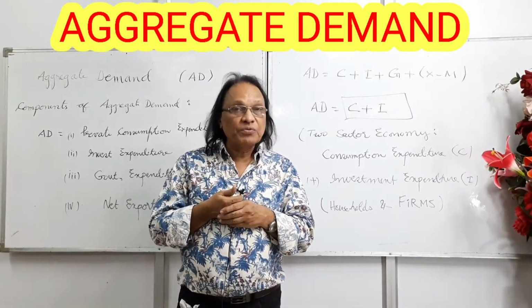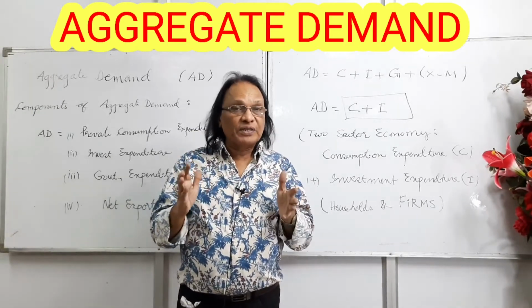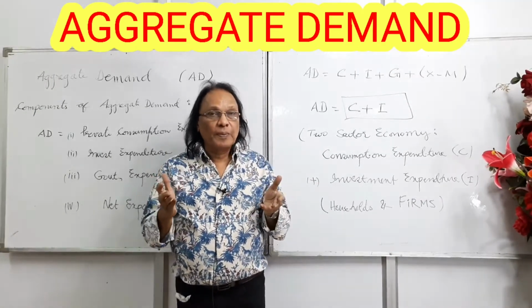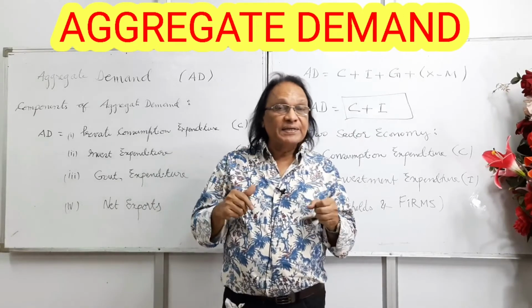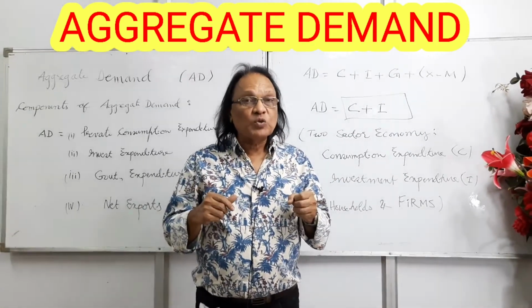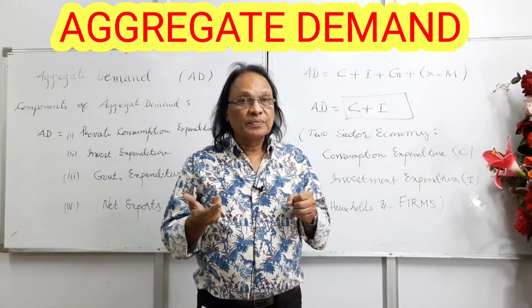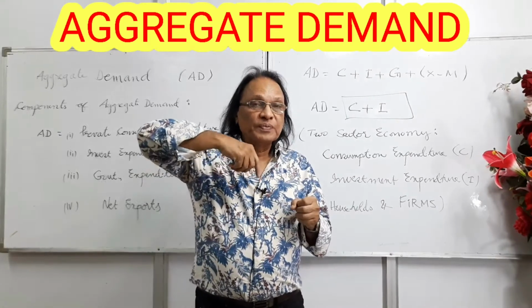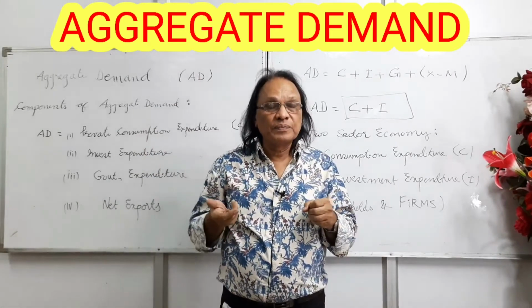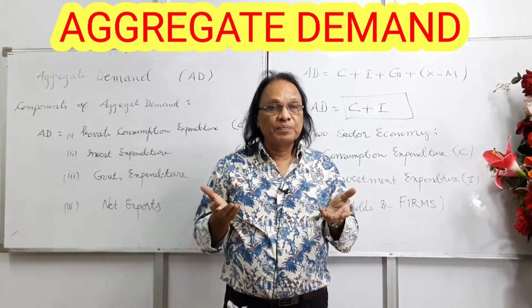In class 11, in microeconomics, you studied the demand of a consumer or a household. What exactly is that? The demand of a household is the number of units the household is willing to buy at a given price at a given point of time.